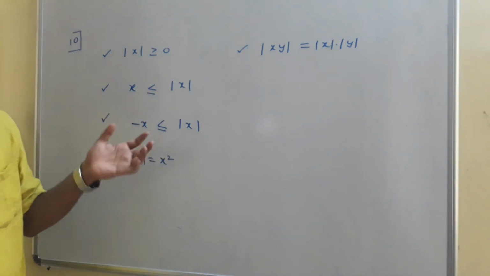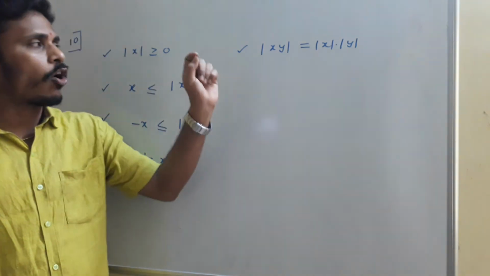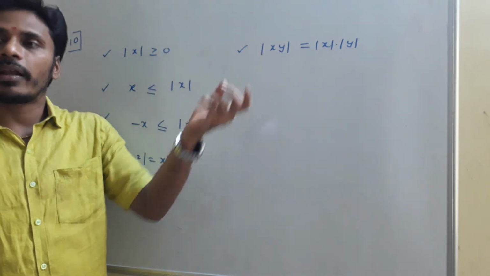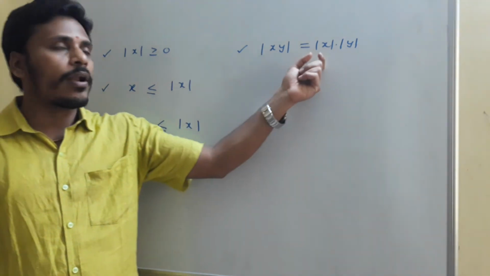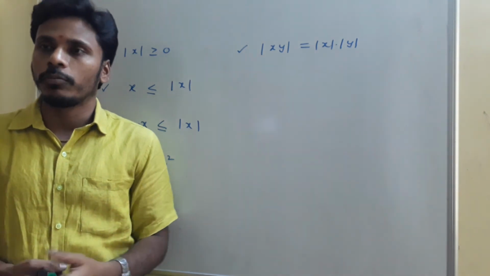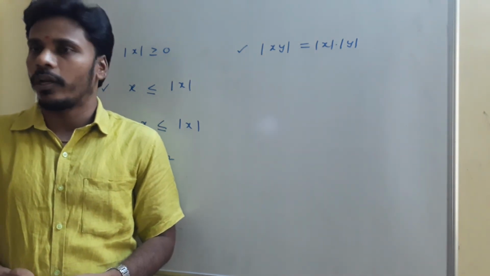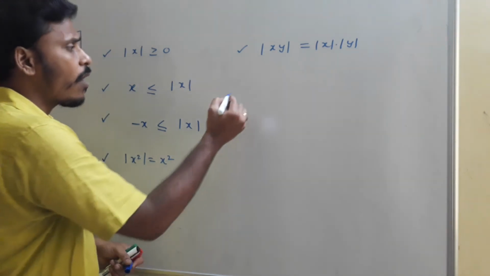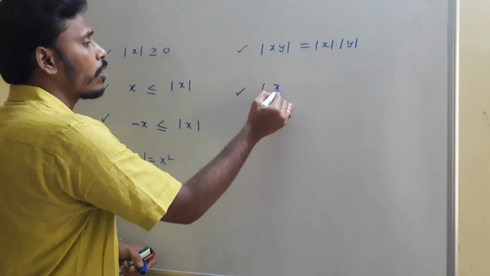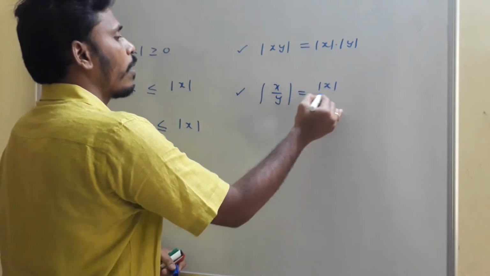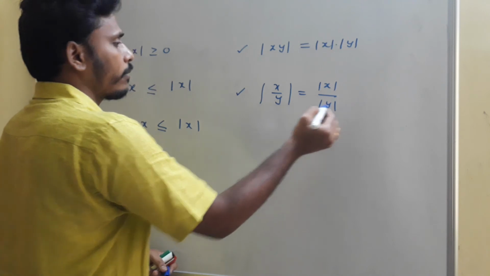If you check in all the possible ways, for sure mod xy is equals to mod x into mod y, because the ultimate result of the left side is positive, and mod x into mod y is also positive. In all those cases this is correct. And one more idea is modulus of x by y, which is again mod x by mod y.